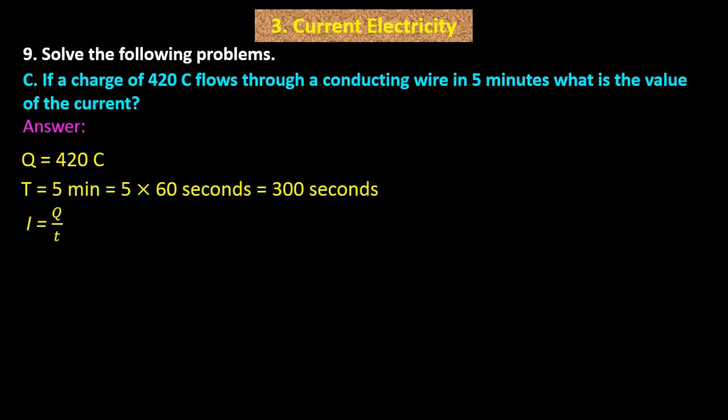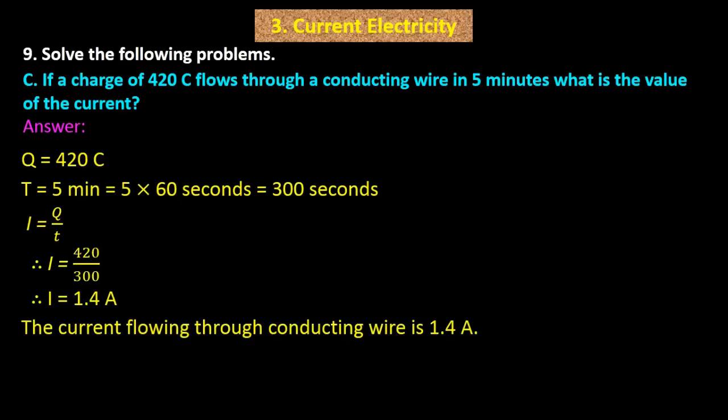The formula to solve this one is I is equal to Q upon T. Therefore, I is equal to 420 divided by 300. Therefore, I is equal to 1.4 ampere. Therefore, the current flowing through the conducting wire is 1.4 ampere.